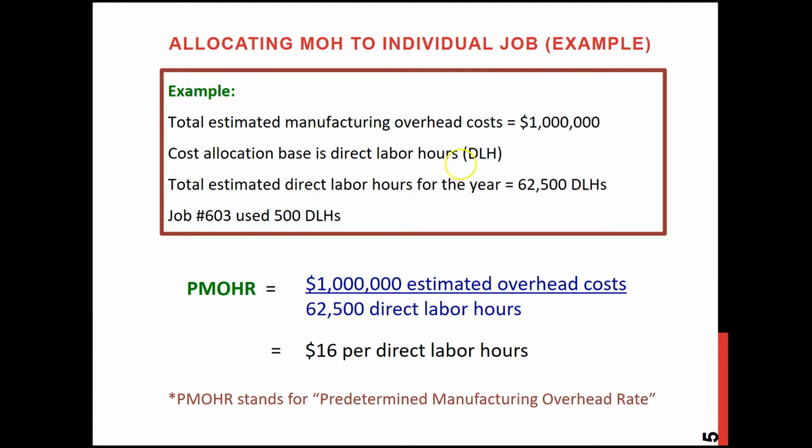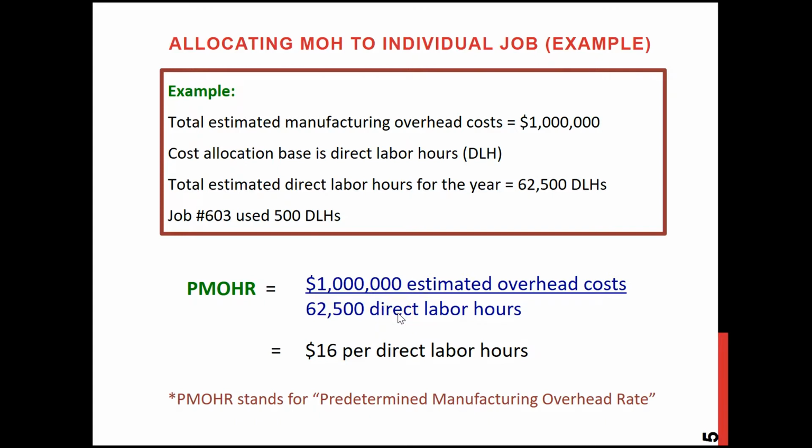So first we will calculate our predetermined manufacturing overhead rate, PMOHR. It's the predetermined manufacturing overhead rate. The formula is: the upper part, or the numerator, is the total estimated overhead cost divided by your total estimated amount of allocation base. Remember, when you are determining the predetermined rate, the numerator and denominator are both estimated and both are totals.